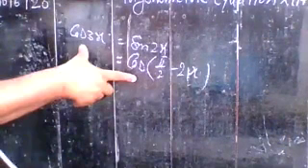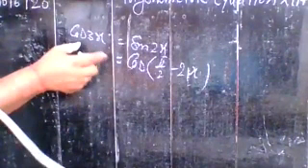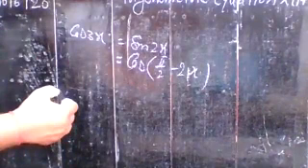So here you see that your equation is in the form of cos x is equal to cos alpha. And you know, if cos x is equal to cos alpha, then x is equal to 2n pi plus or minus alpha. You know this result, so you apply it for cos.